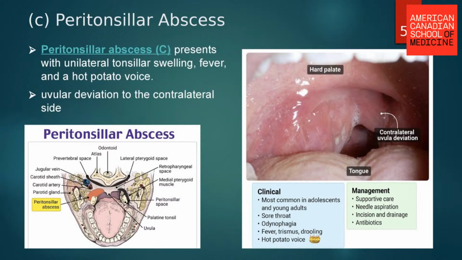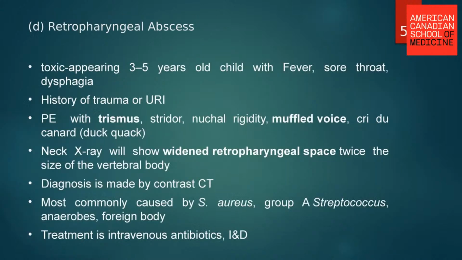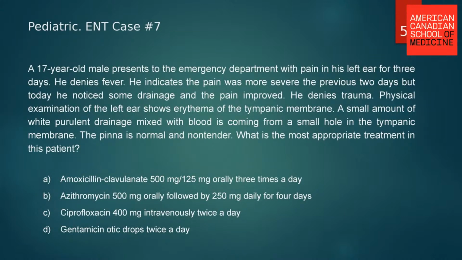Strep, you don't want to really miss because of sequelae and kidney damage. Retropharyngeal abscess, that's kind of an emergency. Croup, they're going to get better on their own, but you don't want to miss an epiglottitis. And I think we will stop there.